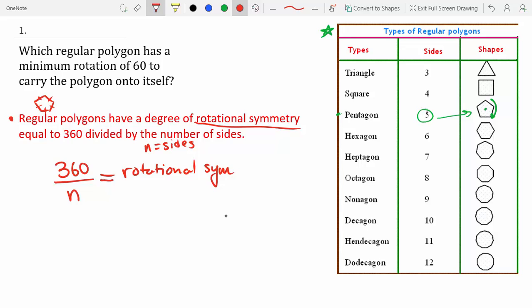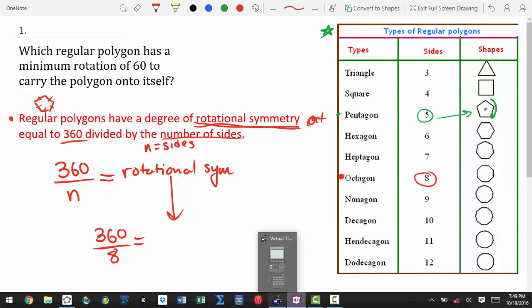So let's explore the rotational symmetry of an octagon. Using this formula to figure out the rotational symmetry of an octagon, it would be 360 divided by the number of sides. And in an octagon, there's 8 sides. So if I were to take 360 divided by 8, that would tell me my rotational symmetry.